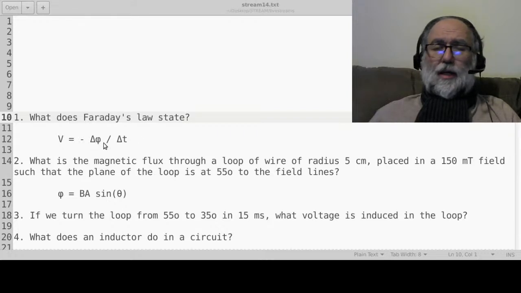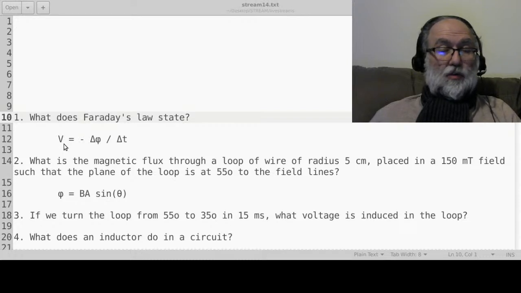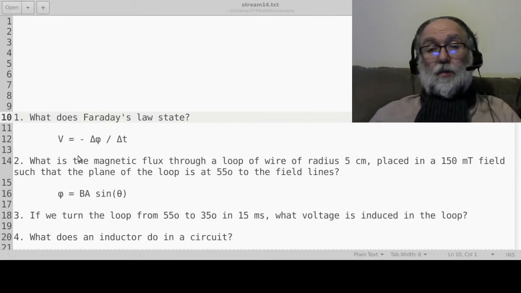This is fine for our course, but technically, for Physics 102, this is actually a derivative. It's the rate of change of flux that gives you the voltage. In case there are non-uniform variations, you'd actually have to differentiate the flux.